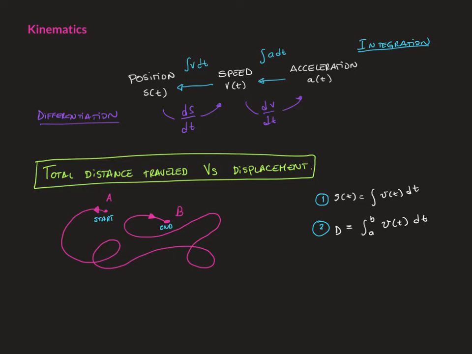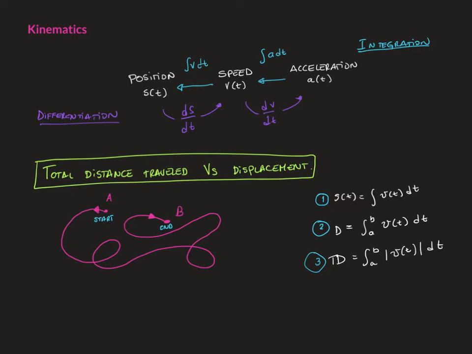However, the total distance traveled is going to be the total length of the path of the trajectory that the particle or object followed whilst going from the point A all the way to the point B. So in the case of this diagram, the total distance traveled will represent the length of the pink curve. This distance is going to be calculated as the integral from A to B of the absolute value of the velocity with respect to time.